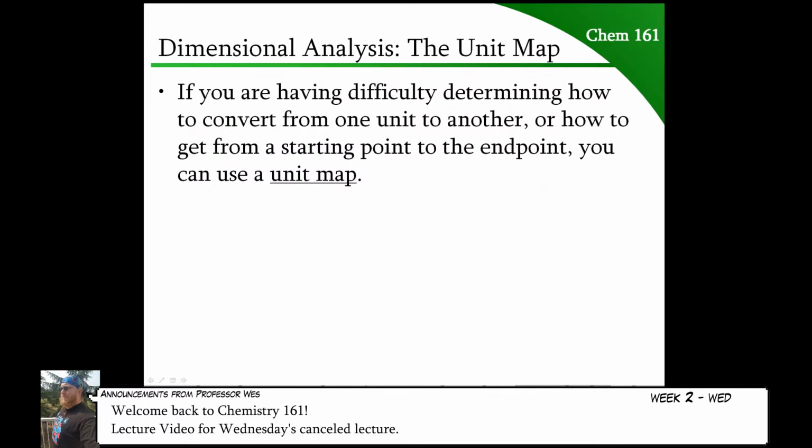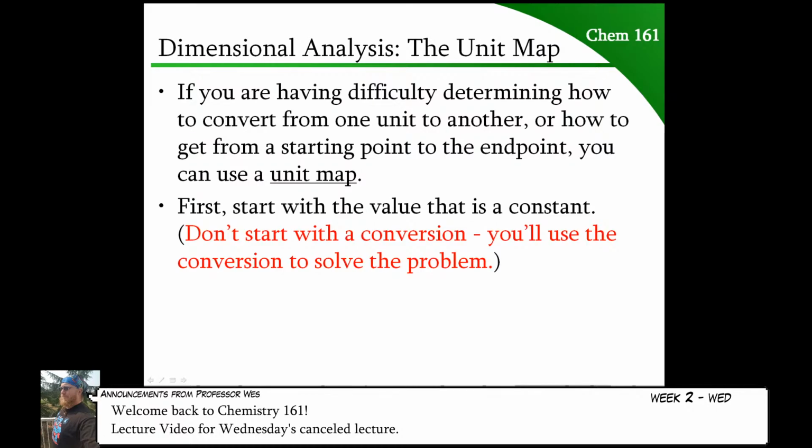The next thing that we're going to consider are more complex problems. We're going to use this unit map idea that I've been drawing off to the right side here. A hint that I would give you for doing these types of problems is you're always going to start with a constant. Somewhere in a problem is going to be how much of this is in this quantity.